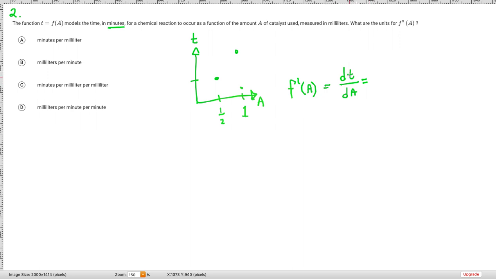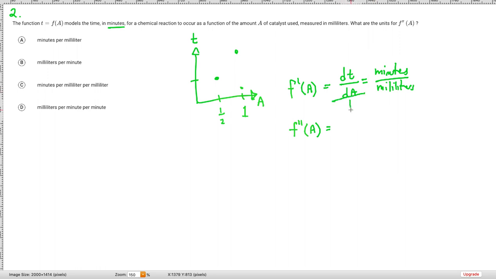And we have it where the time is measured in minutes, so it's minutes over here. And then I have dA, which is measured in milliliters. So I have over milliliters. And this is the units for f prime of a. And now remember, if we're going to differentiate again, we're just going to be differentiating with respect to the bottom one, to dA again.